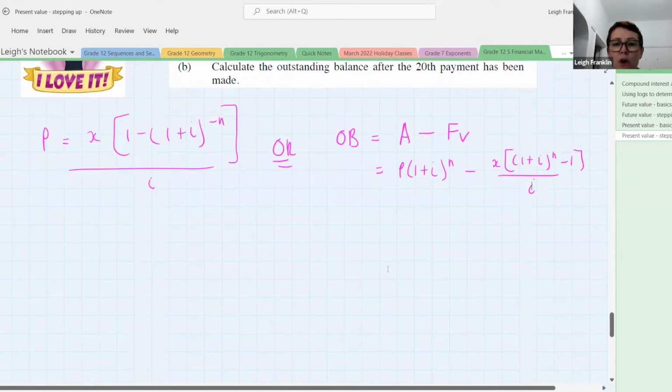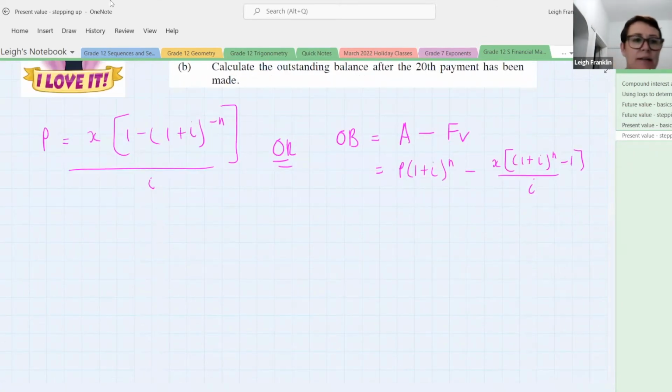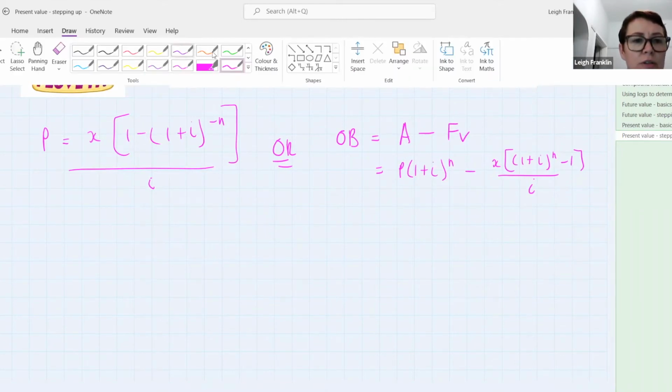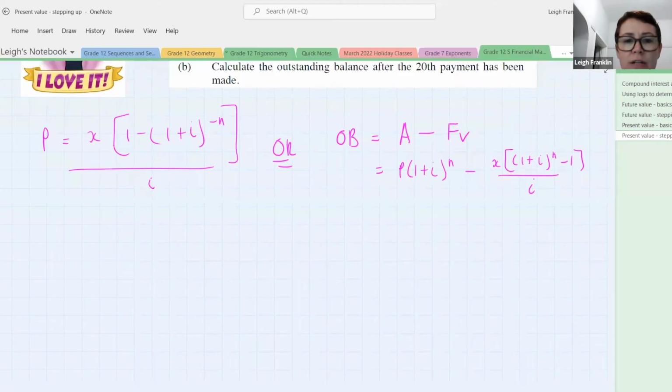The method on the right-hand side is the one that, I don't know if your teachers told you this at school, but I certainly tell this to my students. This is our preferred method. And the reason why this method is preferred is because it always, always, always works. The one on the left works only in a certain situation. So the one on the right is always going to work.